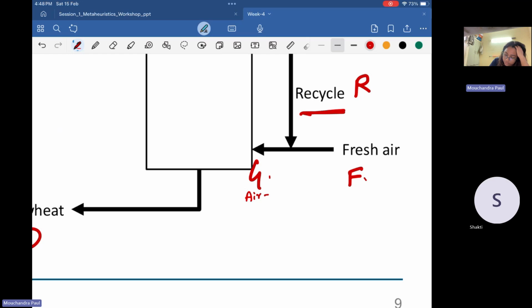The molecular weight of air and water that we consider is 29 and 18. So what will be the mass then? 0.9877 into 29, which is 28.6433.